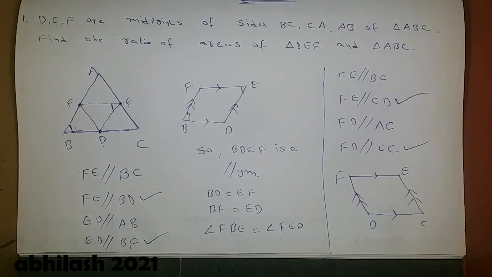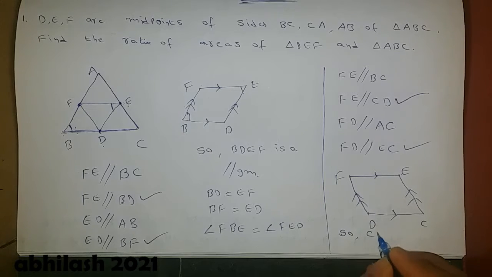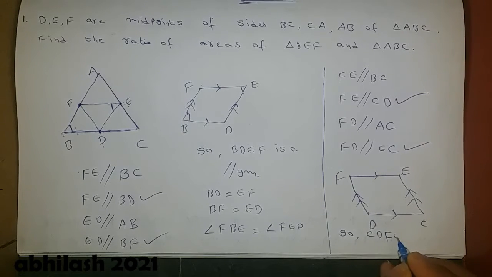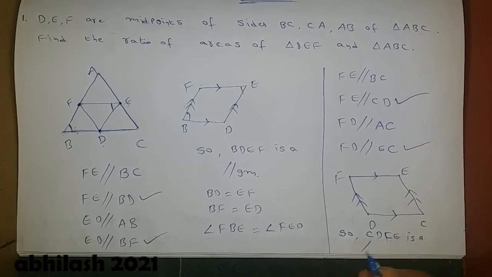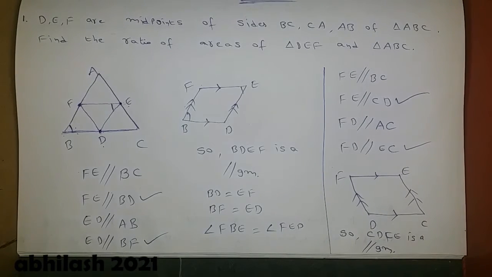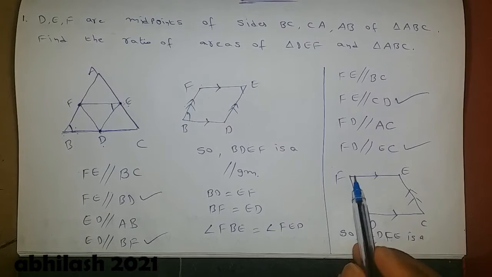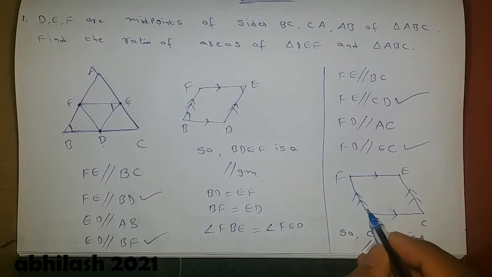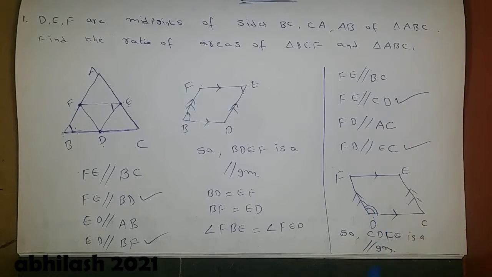Two pairs of opposite sides are parallel to each other. So this CDFE is a parallelogram. If it is a parallelogram, obviously again the opposite angles will be equal to each other. It means angle FDC is equal to angle FEC.